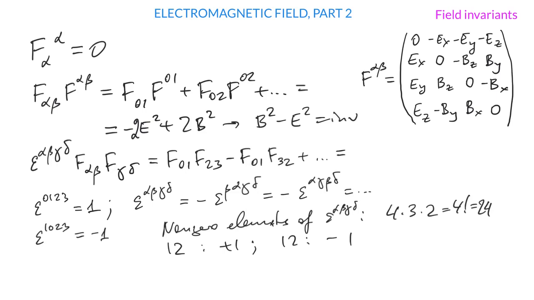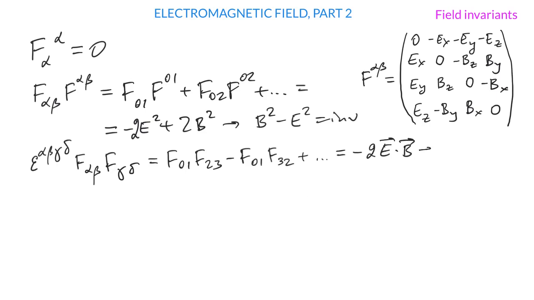So for example, for the first term, F01 is Ex, with a plus sign because it's covariant, and F23 is minus Bx. So we'll have minus Ex Bx. The electric field component always comes with the same component of the magnetic field. So if we sum this all together, we'll find this equal to minus 2 E dot B. So E dot B is the second field invariant.